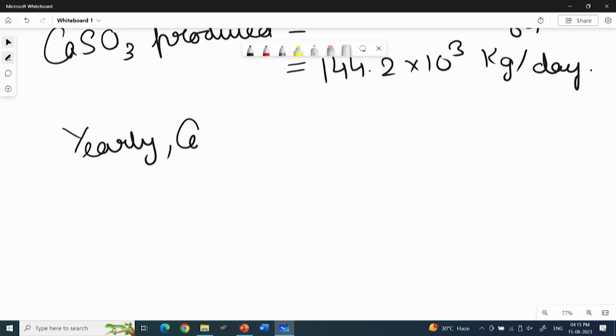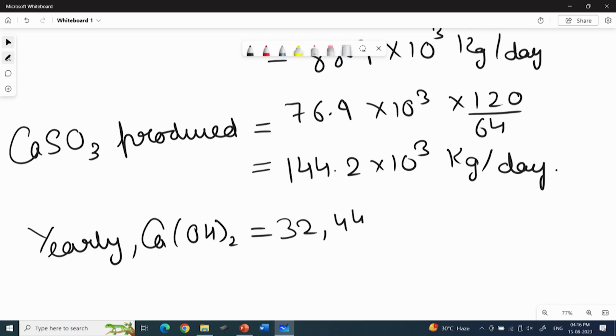If I look at the yearly values for the production, the yearly consumption of calcium hydroxide would come around to be 32,449 into 10 to the power 3 kgs, or 32,000 tons on a yearly basis.